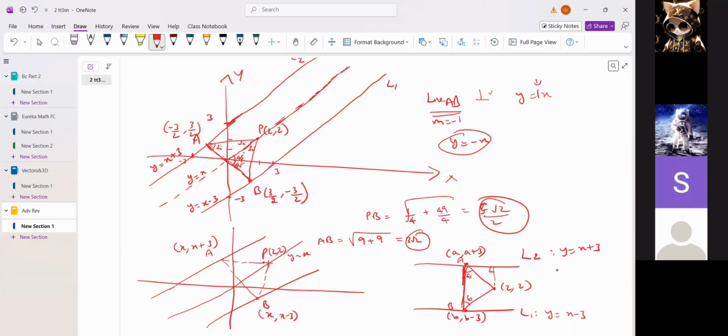Perpendicular distance formula you apply on 2 comma 2 on this line. 3 by mod root 2. Yes, 3 by root 2, sir. What is the perpendicular distance of 2 comma 2 on this line? 3 by root 2 again. So that means it's symmetrically placed. Above or below, it's the same thing now.